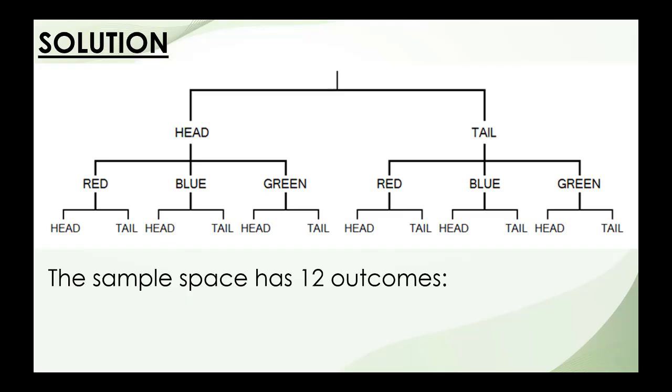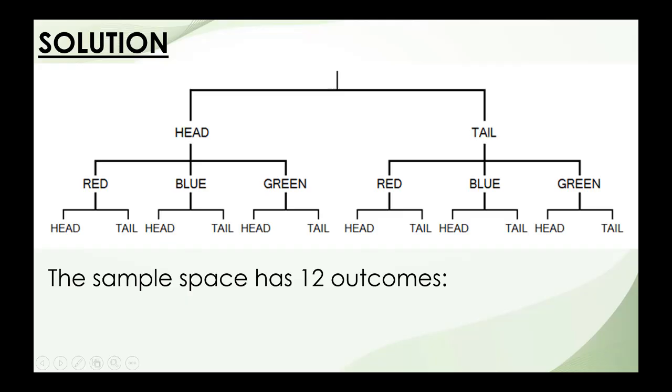You can always tell the number of outcomes by counting the number of terminal points at the bottom of your diagram. So if we look here, we have 1, 2, 3, 4, 5, 6, 7, 8, 9, 10, 11, 12.